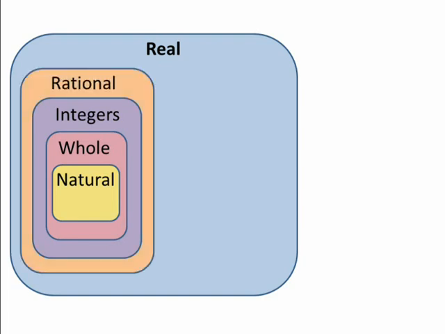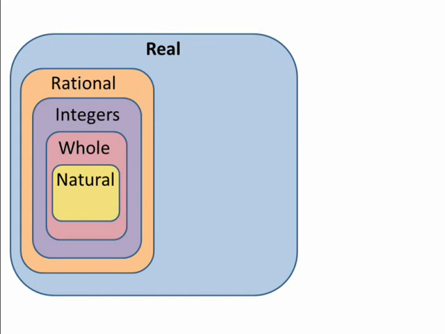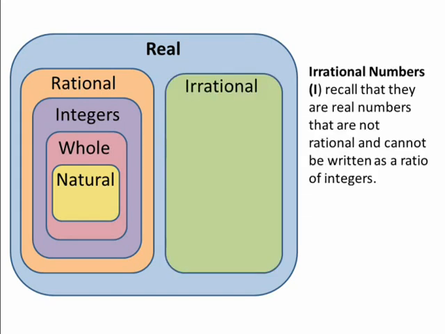Rational numbers were explained previously, but recall they are 0 and all positive and negative numbers that can be expressed as a ratio of two integers, with no 0 in the denominator, including integers, whole numbers, and natural/counting numbers. Irrational numbers were also explained previously, but recall that they are real numbers that are not rational and cannot be written as a ratio of two integers.